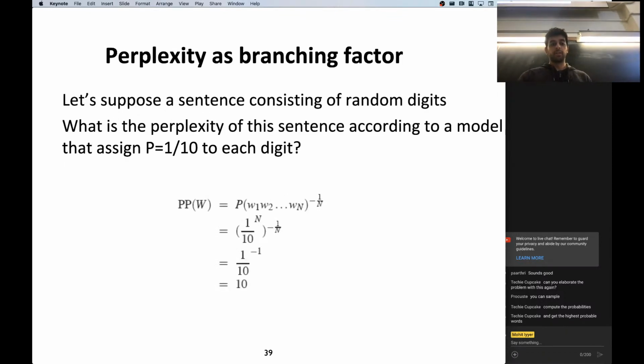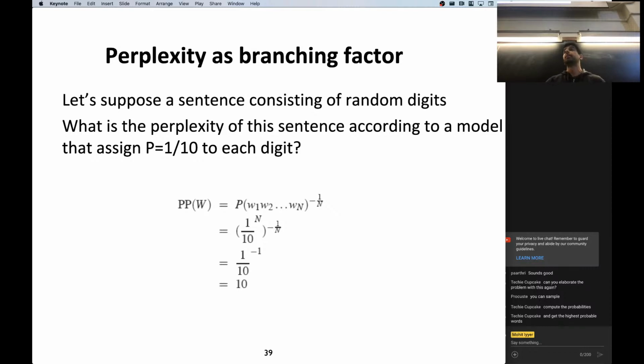So for example, let's say I have a sentence that consists of random digits. So there's 10 digits, right? 0 to 9. If I wanted to compute the perplexity of this sentence, going off no other information, this is a random digit selection, so each digit in the sequence has a probability of 1/10 to be generated.